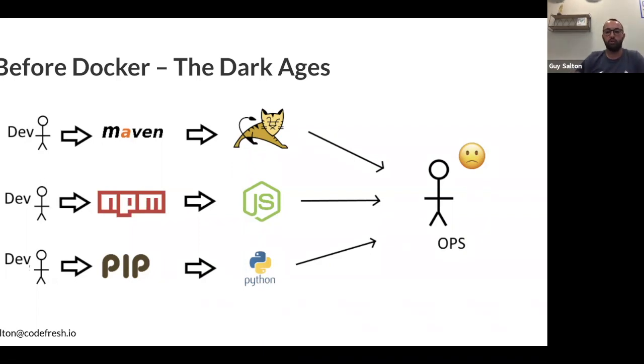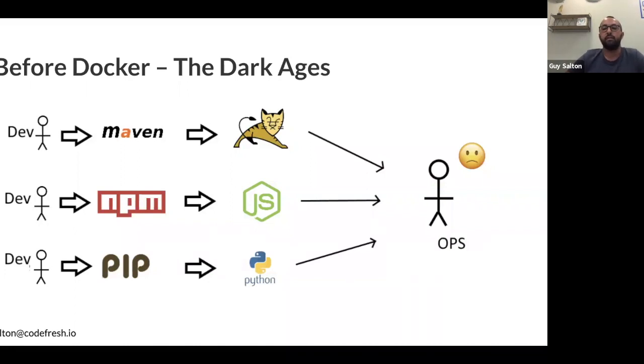So before Docker, this was a pretty complicated scenario, both for developers and for operators, but I think especially for operators, because imagine an organization that has multiple teams and uses multiple technologies like Java and Python and Node and whatever.